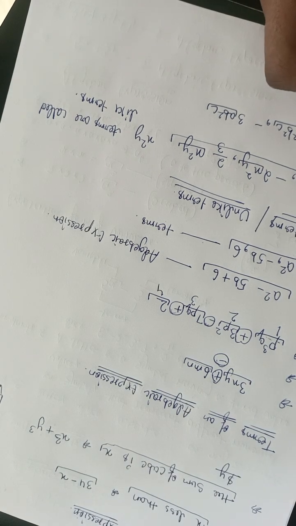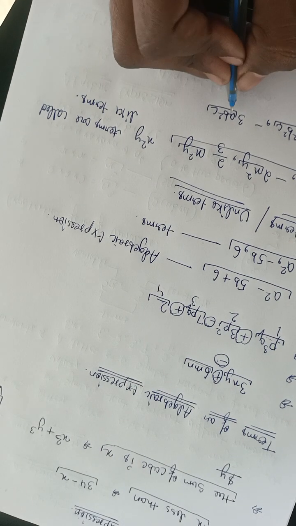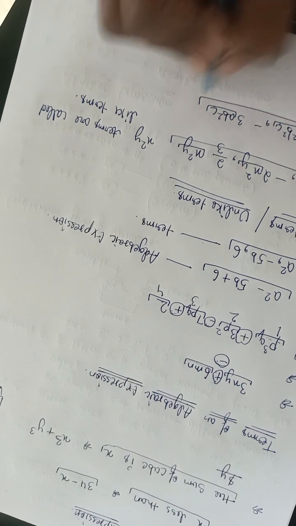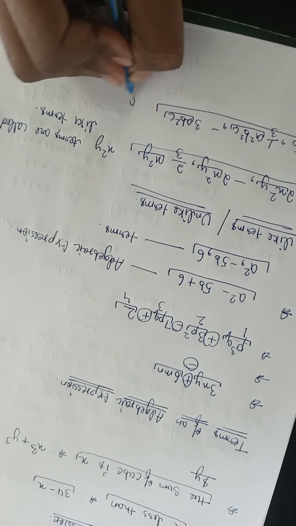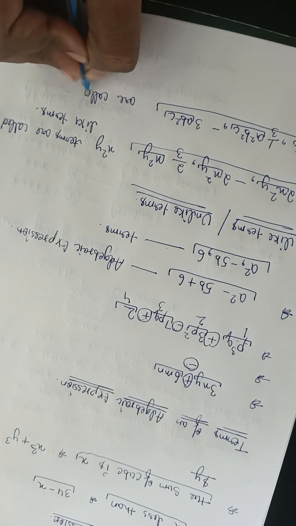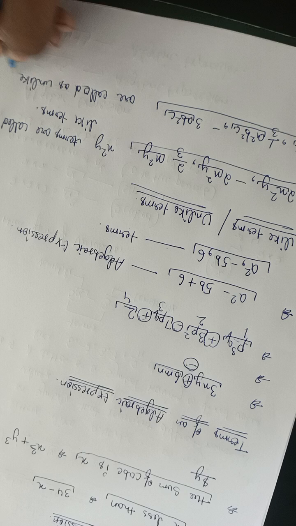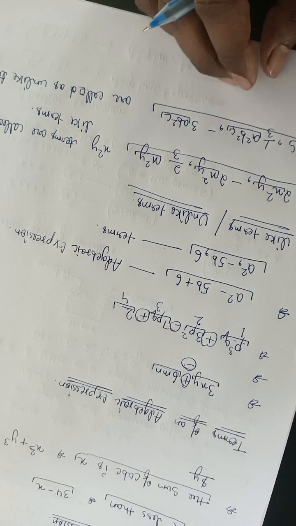Why? Because here a single abc is there, here a into a, b into b, c is there, here ab into ab, then c is there. So these types of algebraic terms which are not equal are called unlike terms.